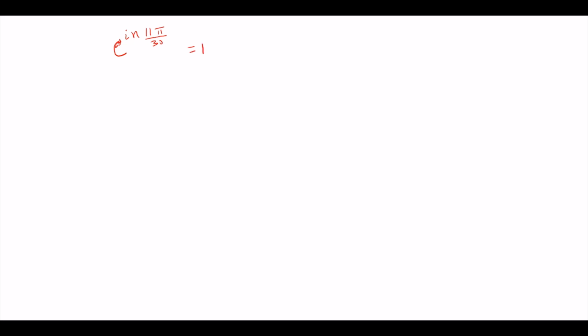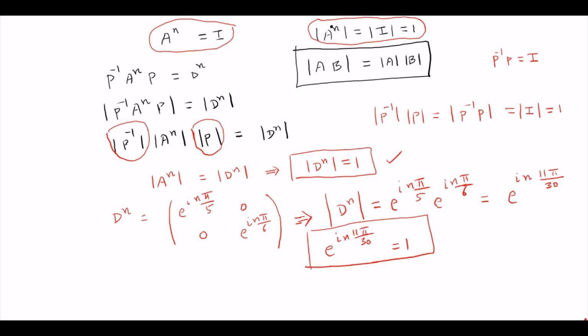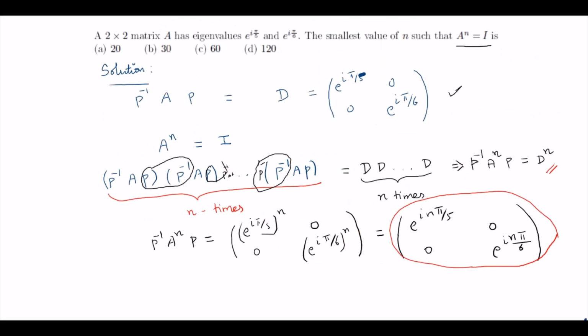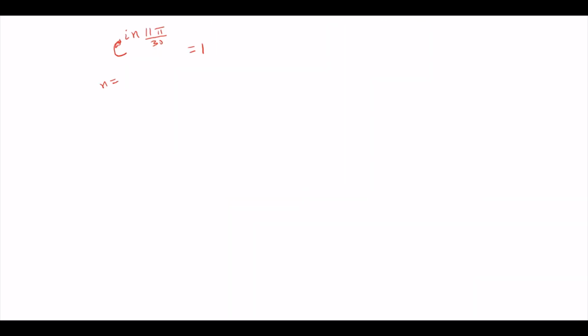When I put n equal to 0, it is a trivial solution, so let us ask for a non-trivial solution. Obviously we'll get 1 for n equal to 0, so don't worry about 0. One more thing is there is no option containing 0, so no need to worry about that part here.